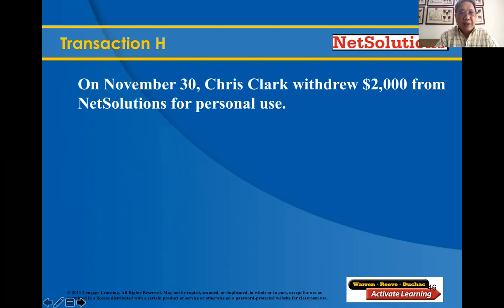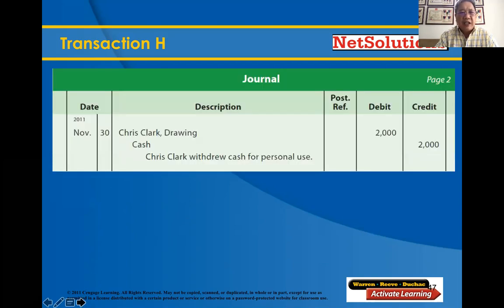Nag-withdraw ng cash, di ba? 2,000. Ano entry? Debit Chris Clark, drawing. Credit cash 2,000. Chris Clark withdrew cash for personal use, and explanation. Remember the date. Debit, credit, indent. Indent. Ha? Mahigpit ako dyan. At yung comma, hindi pwede mawala yung comma.